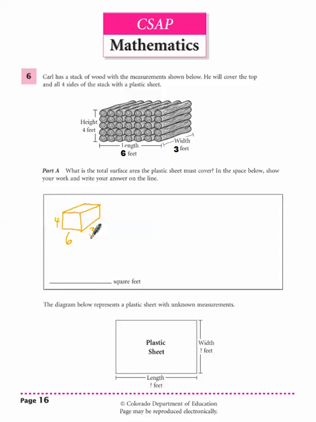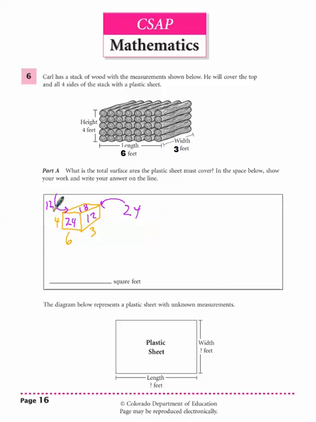And what is my surface area? Well, the surface area is nothing more than the sum of all of my surfaces, right? So 6 times 4 is 24, 3 times 4 is 12, 3 times 6 is 18. And now on this back side, I got another 24. On this face here is 12.